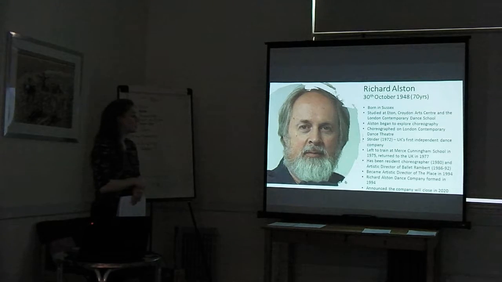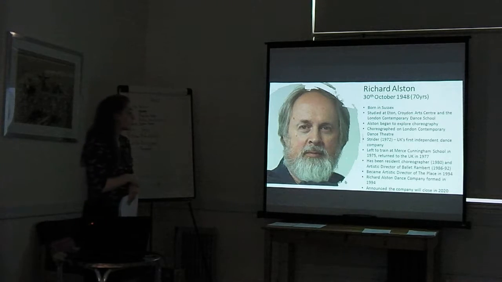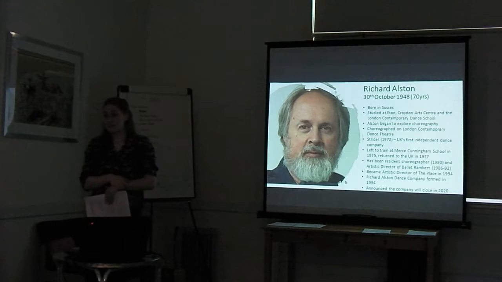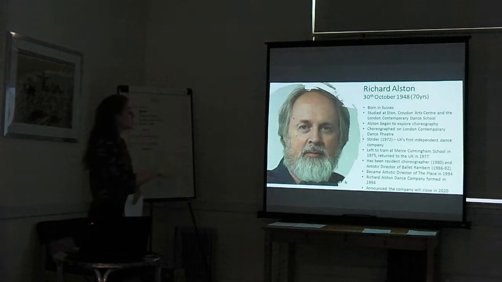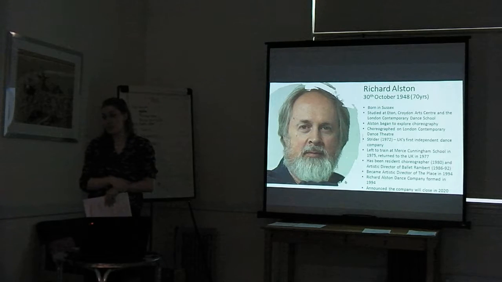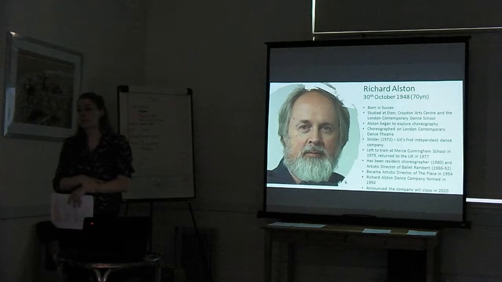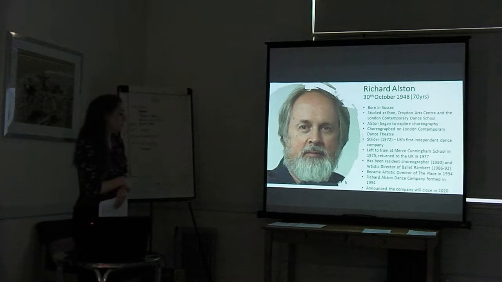In 1975 he went over to New York to train at Bertha Cunningham School and returned in 1977. On his return, he started working with Ballet Rambert and then made his way back to London School of Contemporary Dance, and in 1994, soon after that, his own company was born, Richard Alston Dance Company.